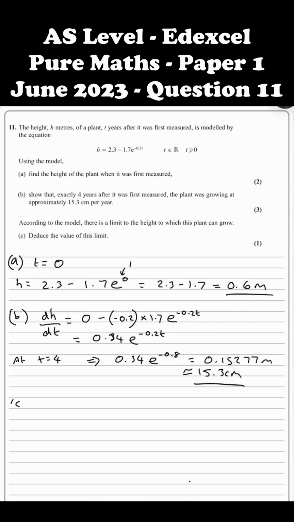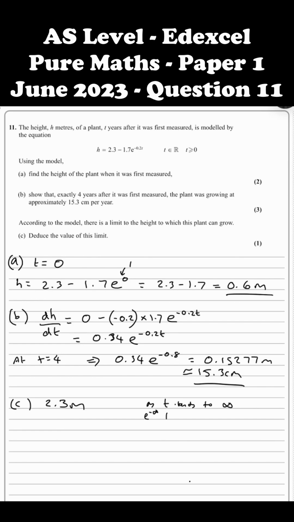And part C. According to the model, there is a limit to the height to which this plant can grow. Deduce the value of this limit. The limit is just 2.3 meters. This is because if t is as big as it could possibly go, so let's say as t tends to infinity, we will have e to the power of minus infinity, and e to the power minus infinity would just tend towards 0.